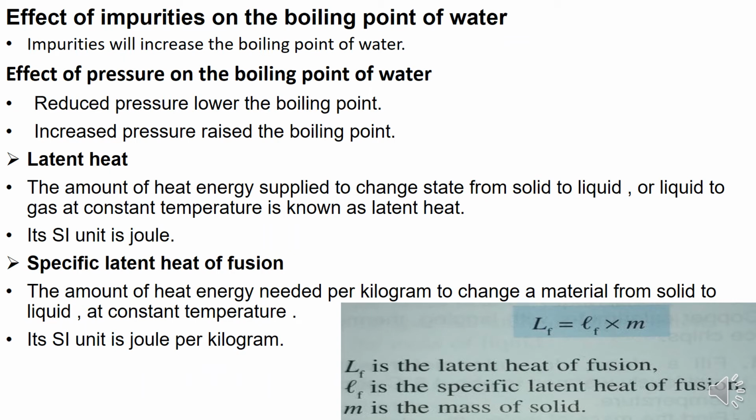Next topic is the effect of impurities on the boiling point of water. Impurities will increase the boiling point of water. If you take one pan full of fresh water and another pan of salty water, or whatever you want to add, and put them above the gas stove and switch on the flame, you can see the fresh water will boil faster than the salty water.